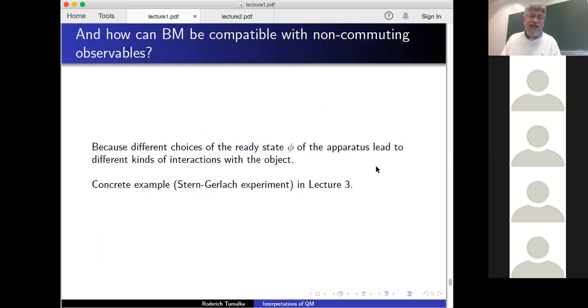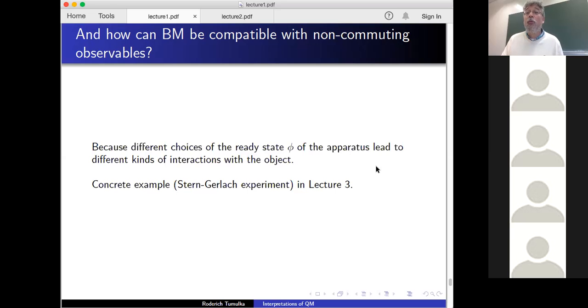How can Bohmian mechanics be compatible with non-commuting observables? Can non-commuting observables be thought of as something that really shows us that you can't do it with trajectories? Well, you've seen that Bohmian mechanics actually gets along well with arbitrary self-adjoint operators.